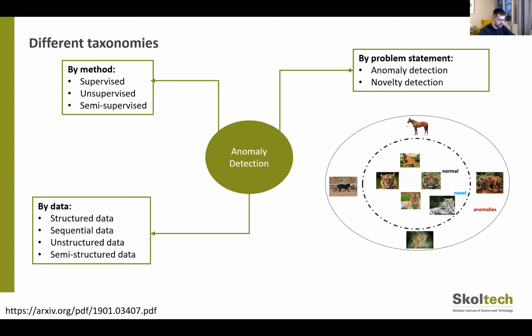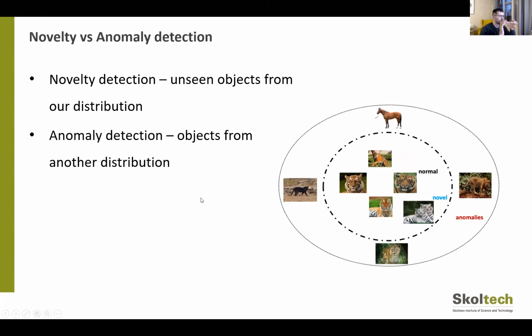And last but not least, it's often said that we have two possible scenarios: anomaly detection and novelty detection. They are quite close, and we will explain more about what I mean here. For novelty detection, we can say that it's maybe another object from our distribution that we have never seen before.